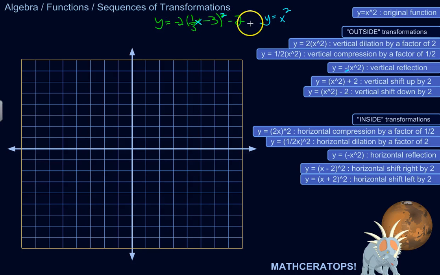So just to clarify the situation, I'm going to rewrite the function as negative 2. I'm just factoring out a negative 1, if you will, or the sign there.